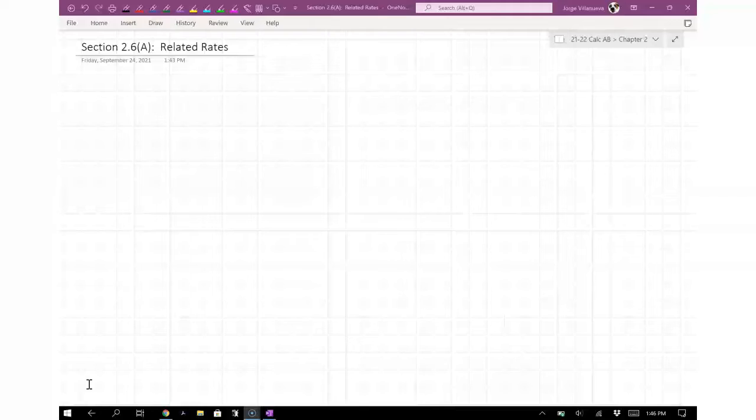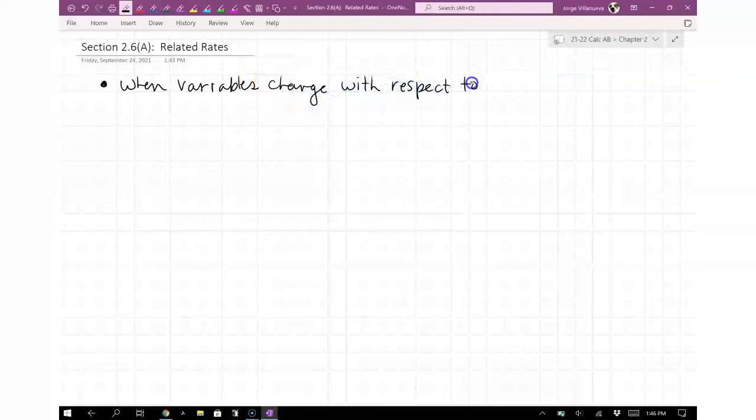But overall, just to explain what a related rate is, it's when variables change with respect to time.